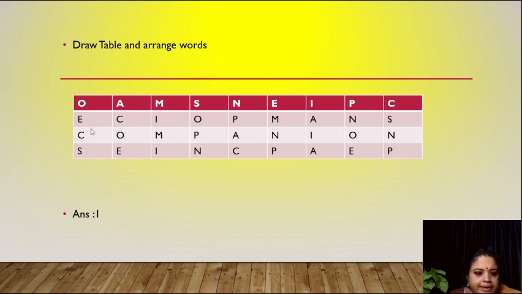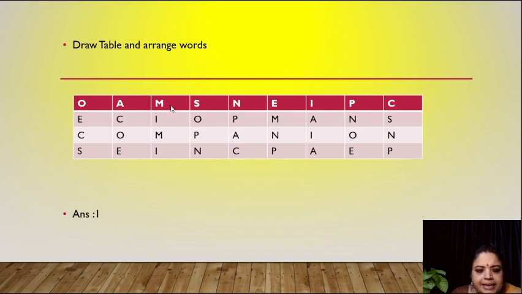O is represented as E, A is represented as C, M as I, S as O, N as P, E as M, I as A, P as N, and C as S. So based on that, how will companion be represented?